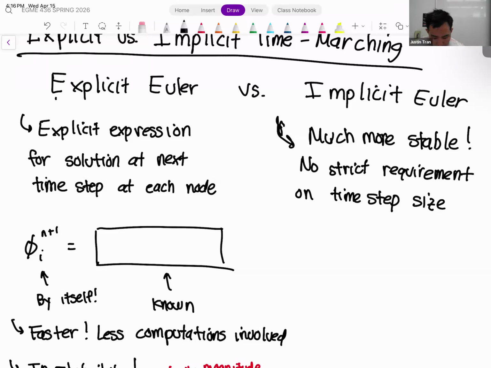Okay. Now, the downside to implicit schemes is that on a per time step basis, just to compute the solution for one time step, it is a lot more expensive.